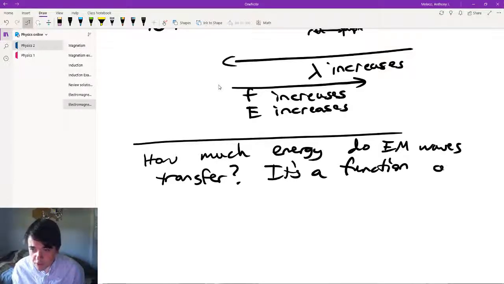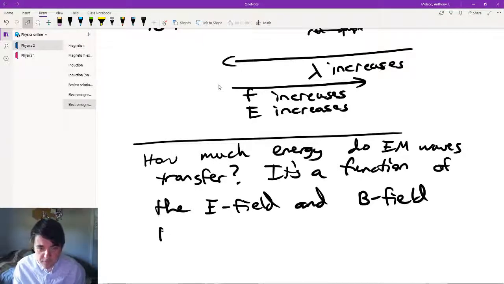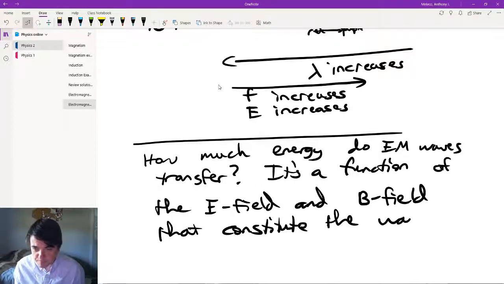That's a function of the E field and B field that constitute or create the wave in the first place.